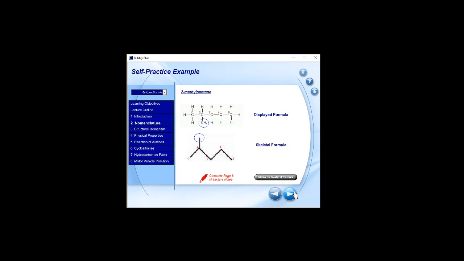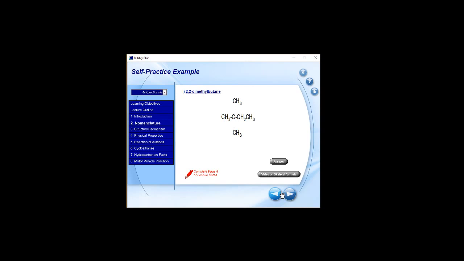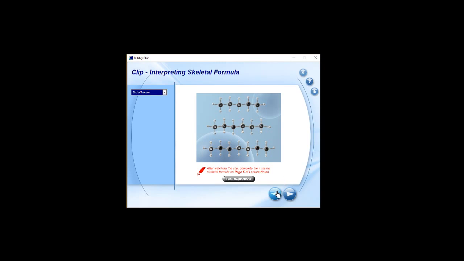You can also refer to the video on skeletal formula. Abbreviated structural formulae.